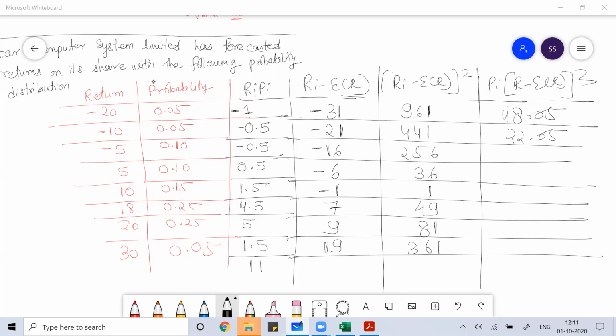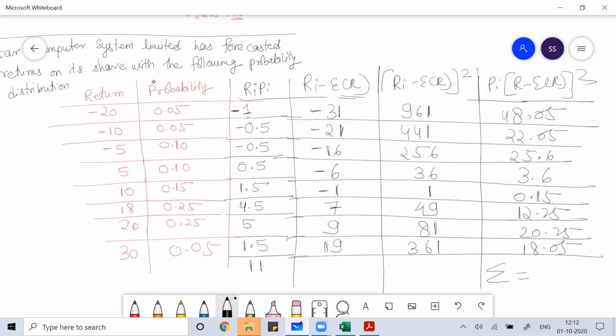Then 25.6. Then 3.6. Then 0.15. Then 40. Then 12.25. Then 20.25. Then 18.05. Then do the sum of this.